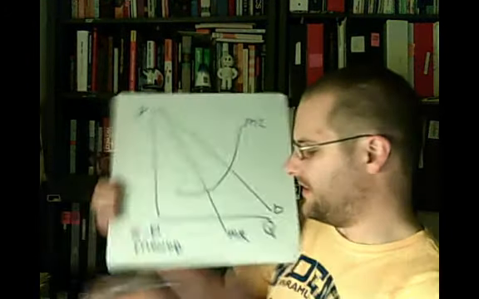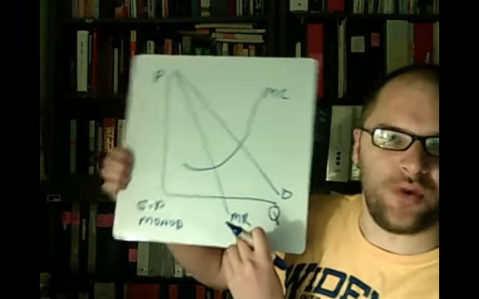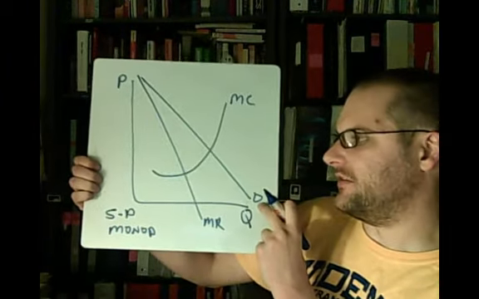Now, for other types of firms here, the single price monopolist, meaning that they charge just one price and one price alone to all customers. This single price monopolist, which is our focus in this chapter, is going to have a marginal revenue curve that's twice as steep as the demand curve.